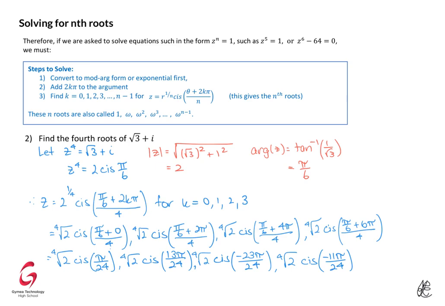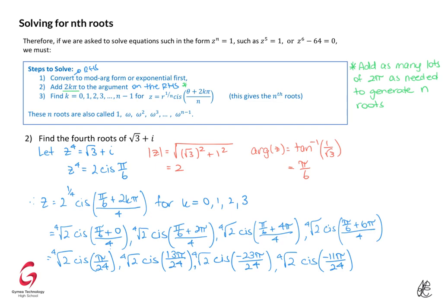So to do that, we're going to look to convert the right hand side of the equation to mod arg or exponential form first, because these are going to be the easiest ones to continuously generate multiple solutions in. We're then going to add 2k pi to the argument. So that means that we are going to add as many lots of 2 pi as we need to generate the right number of roots onto that right hand side.